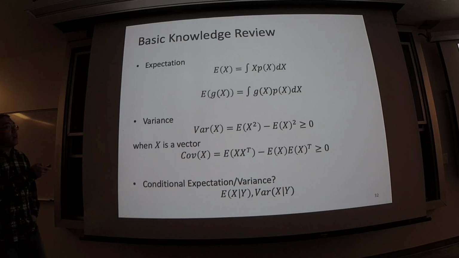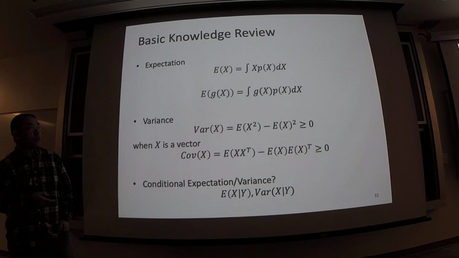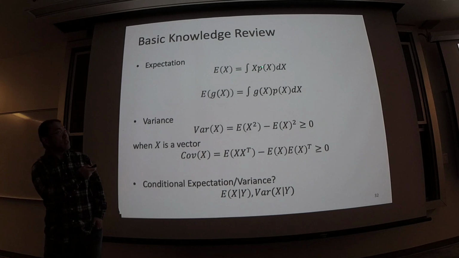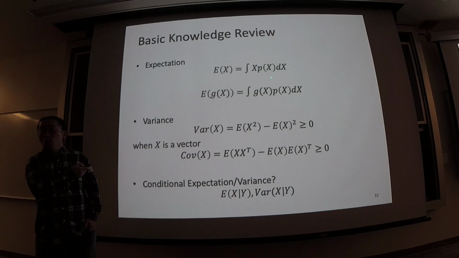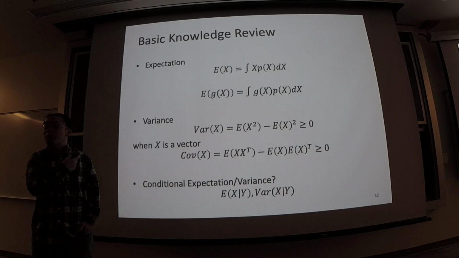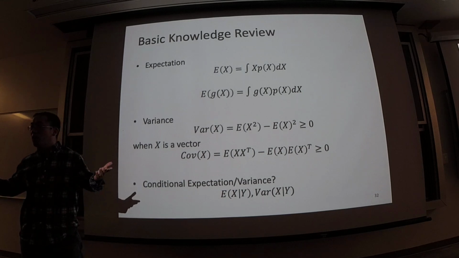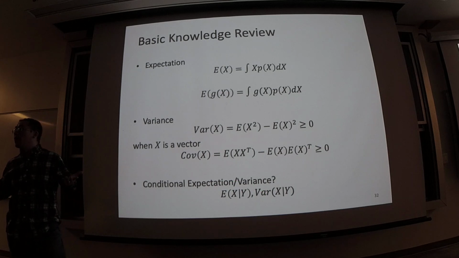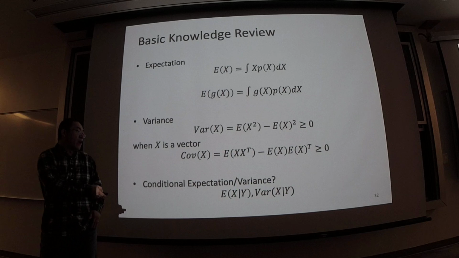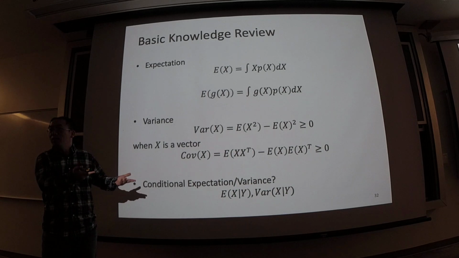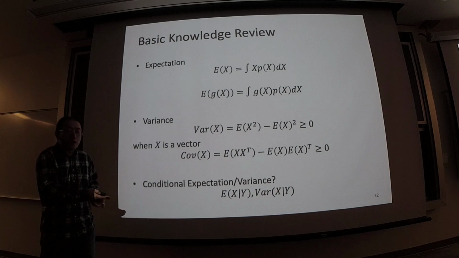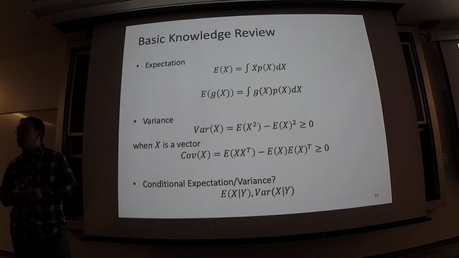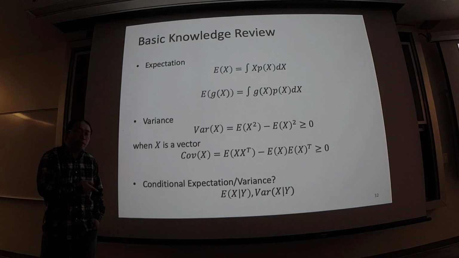So if we look at this definition, just as you suggested, if we replace p of x by p of x given y, we integrate out x, and then the conditional expectation will be a function of y. Remember, y is a random variable, so a function of a random variable is another random variable. So the conditional expectation must be a random variable. Similarly, the variance is computed from the expectation, so the conditional variance must be a random variable as well. That means it can vary along the value of y.